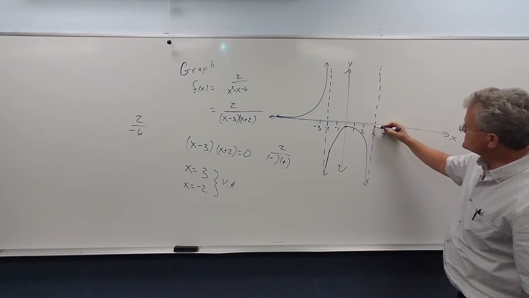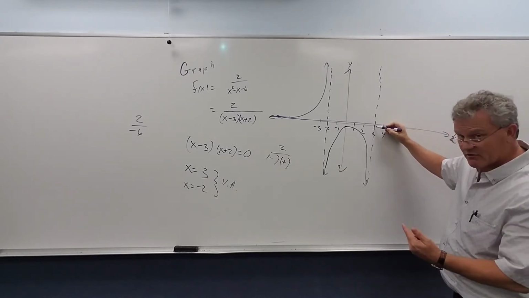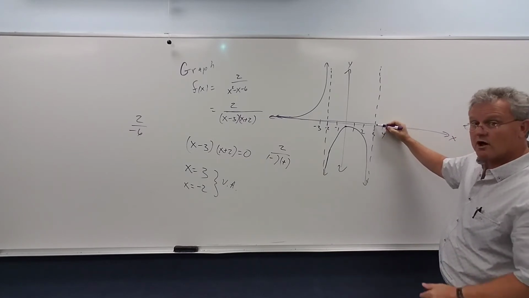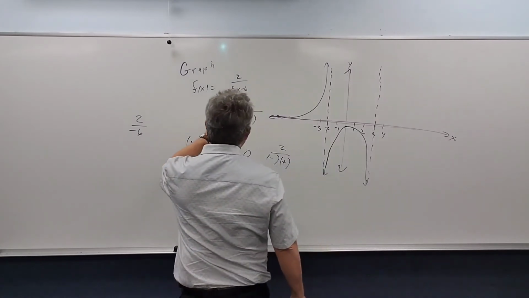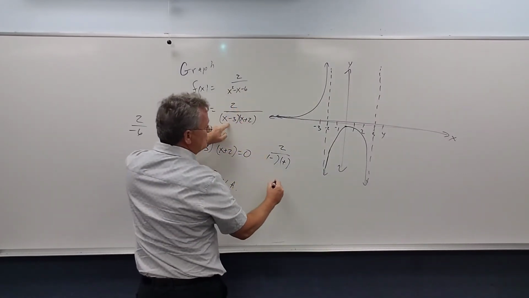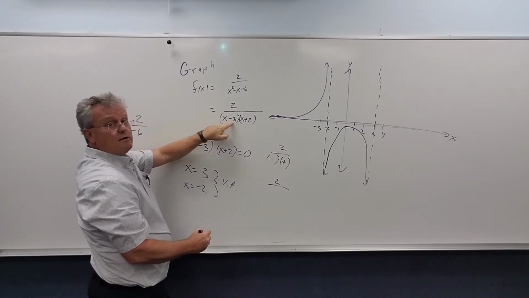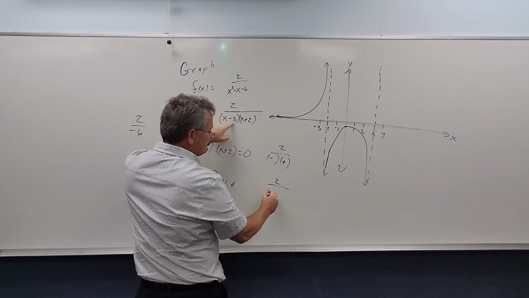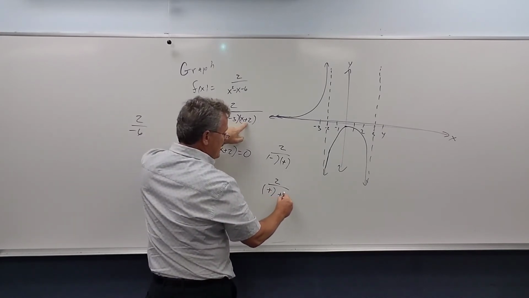Now let's see what happens when we approach 3 from the right. In other words, we're a little bigger than 3, 3.1, 3.11. When I plug in 3.1, we get 2, which is clearly a positive. 3.1 minus 3 is a positive. 3.1 plus 2 is a positive.